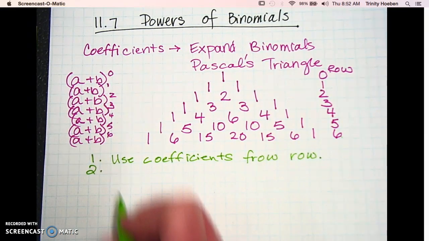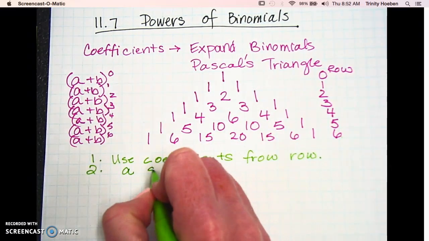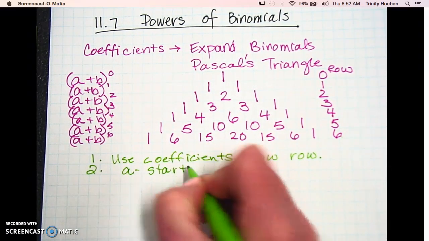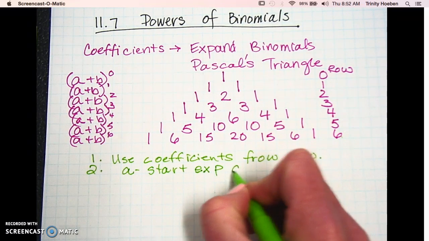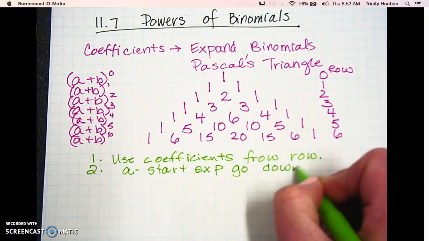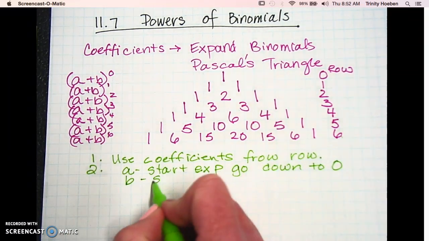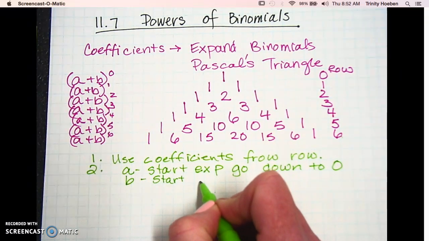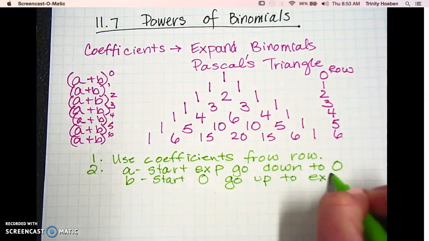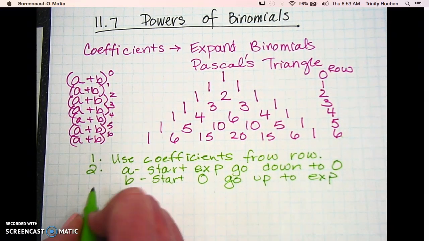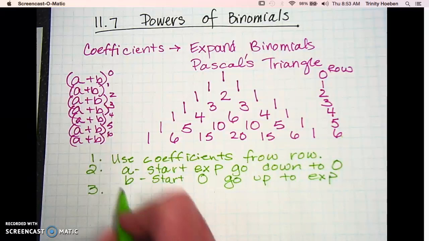Step number 2, the first term, or the a, is going to start at the highest exponent and go down to 0. The b, or the second term, is going to start at 0 and go up to the exponent. The third thing you want to do is just simplify.